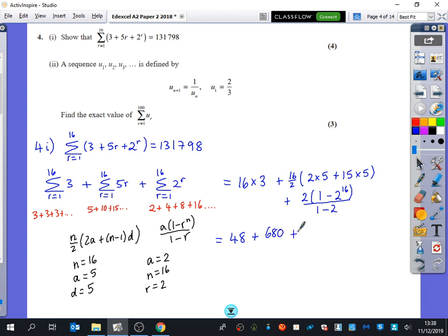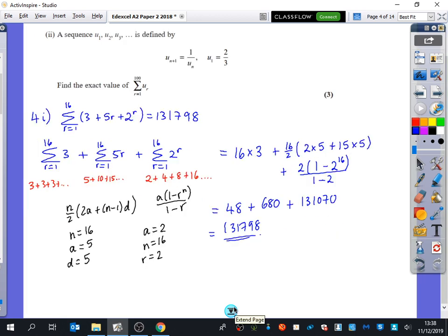And then this last bit here, when we add these three bits together, we're hoping very much it gives us what we were asking for. So that's 48 plus 680 plus 131070, and we get 131798 as required. Okay, so quite a lot going on in that question.